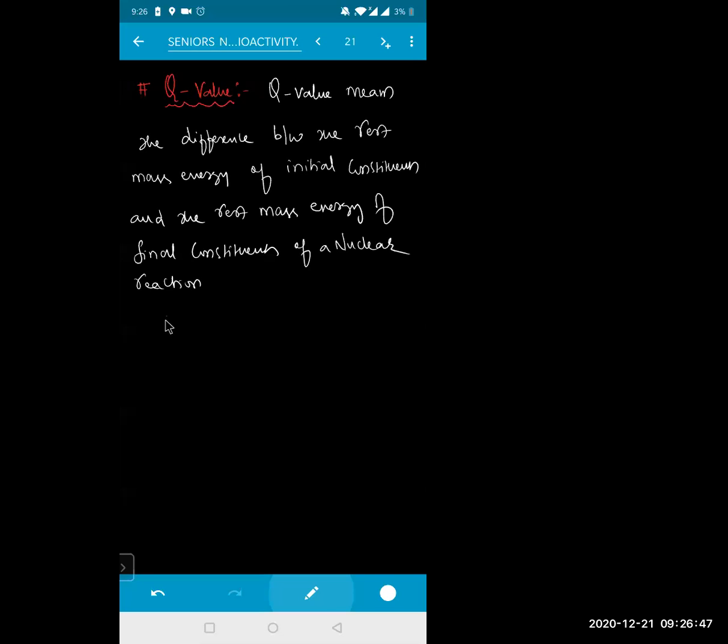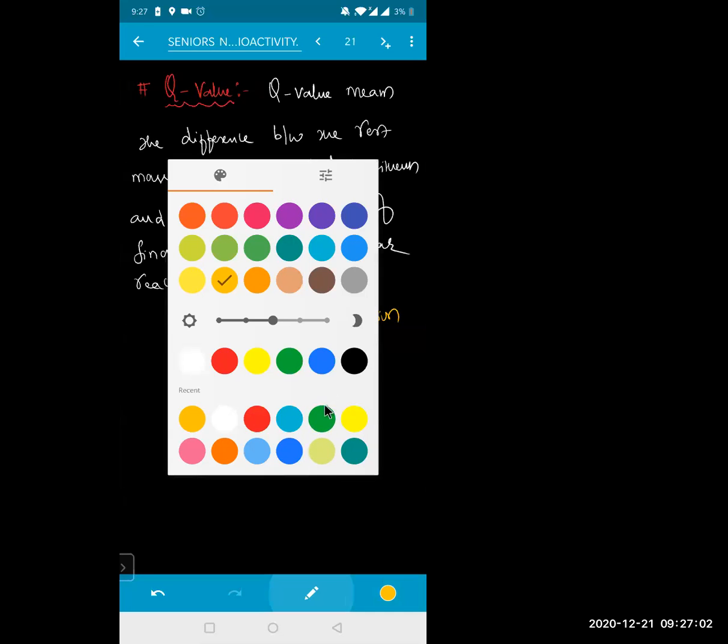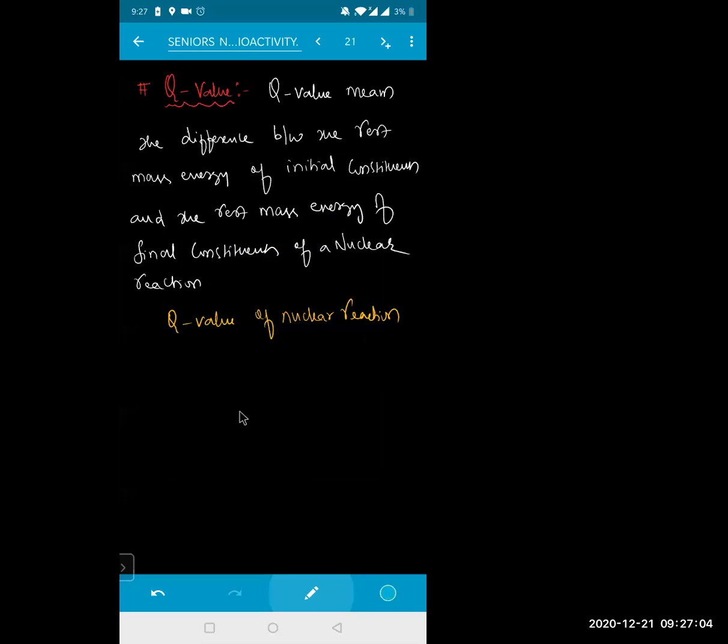Okay, so if I'm writing the Q value of a nuclear reaction, see how I write it. If X plus A are being reacted to give you Y plus B plus your Q, then Q will be equal to initial energy minus your final energy. So what is Ui?